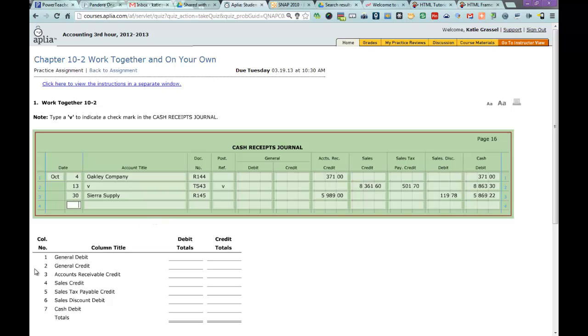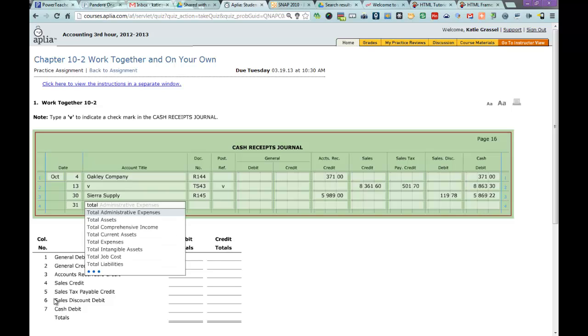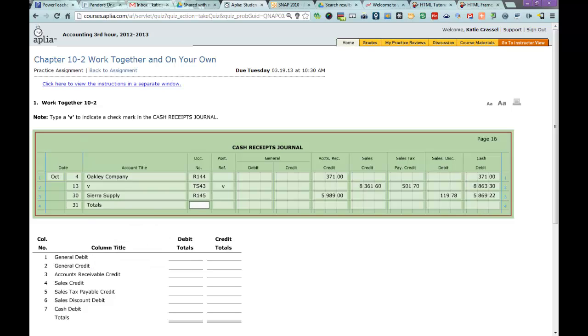October has how many days in it? 31. So we're going to do the date of the 31st and then totals. And I need to go through and add them up. So I'm going to do my accounts receivable.